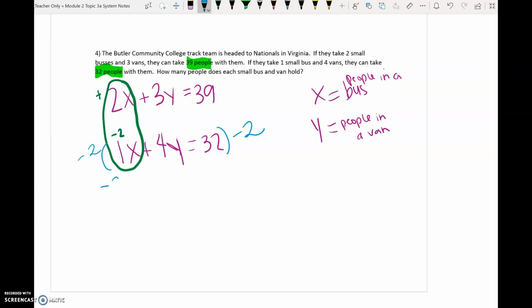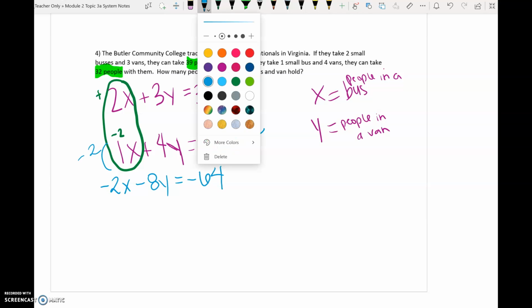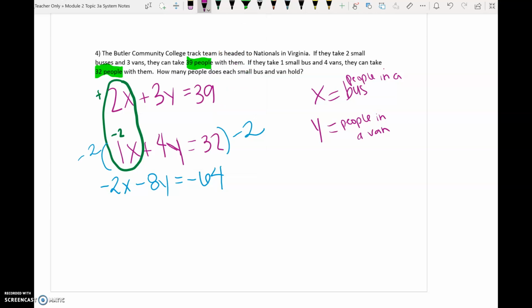So I'm going to go negative 2 times 1 is negative 2x. Negative 2 times 4 is negative 8y. And negative 2 times 32 is negative 64. I'm going to combine that with the equation I did not change.